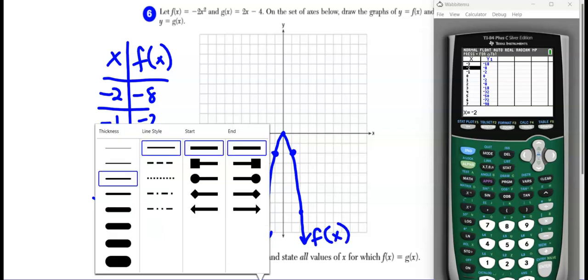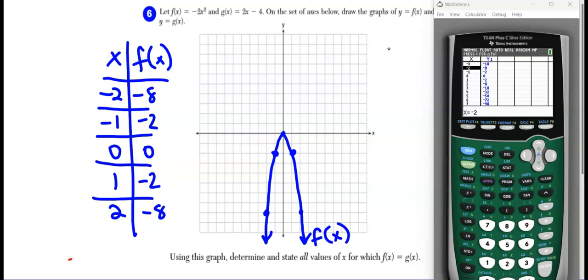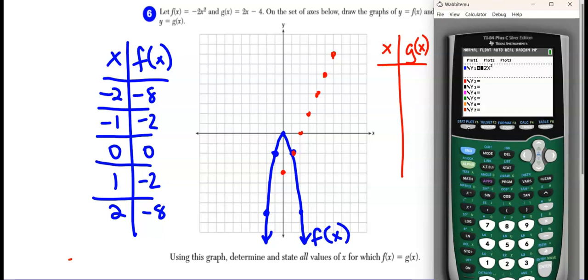And now I can go get some points for g of x as well. 2x minus 4, this is linear, I can actually graph this by hand. 1, 2, 3, 4. Negative 4 is my y-intercept, and then my slope is 2 over 1, 2 over 1, 2 over 1, but I could definitely go and jot down a couple of points from the table if I wanted to by typing 2x minus 4 here in the y2, or erasing it and looking at y1.